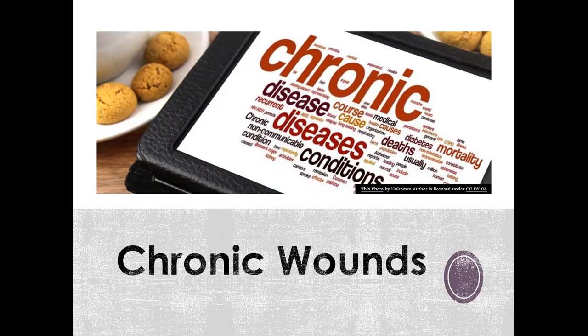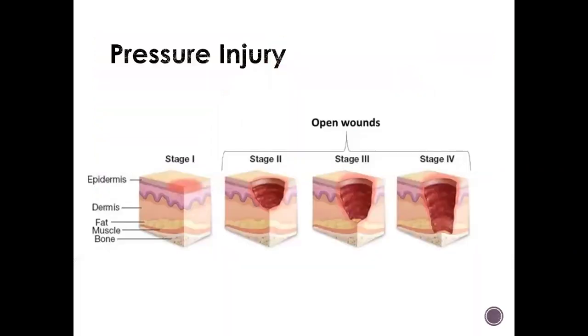These wounds are frequently colonized with several types of bacteria, and healing is slow because of the underlying disease process. Unless the type of wound is properly diagnosed, we can't treat the underlying disease process. And many of these can linger for months to years.